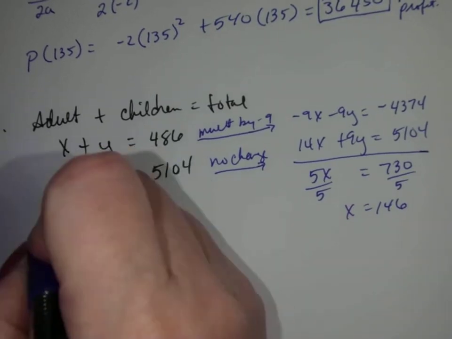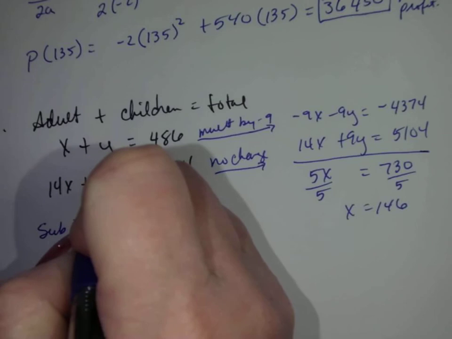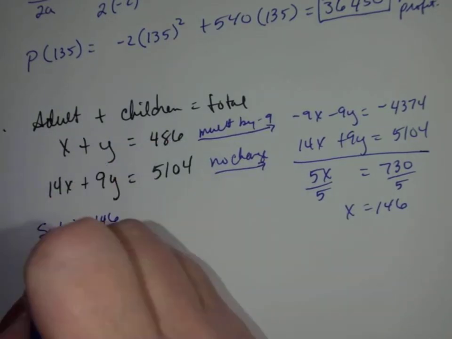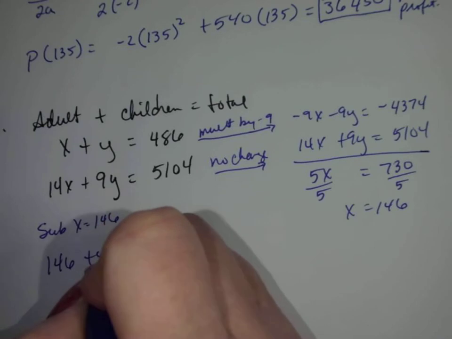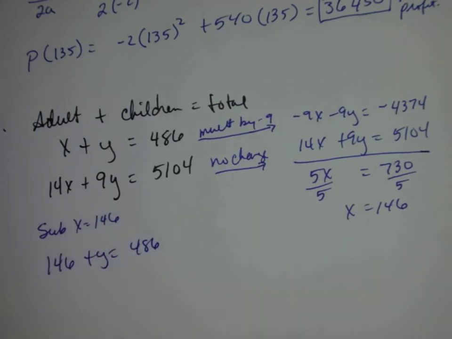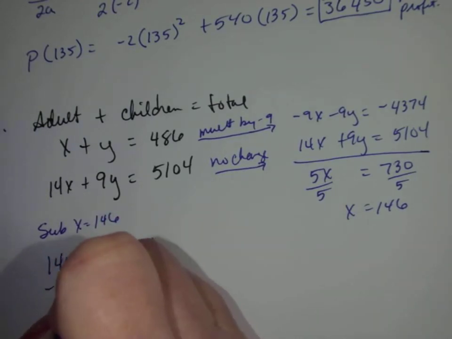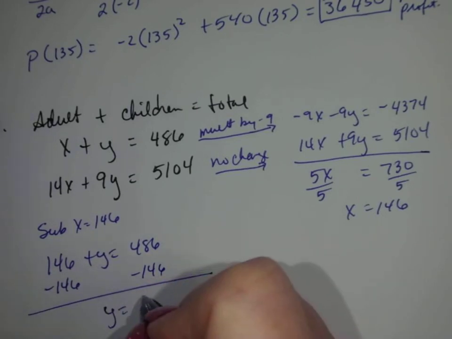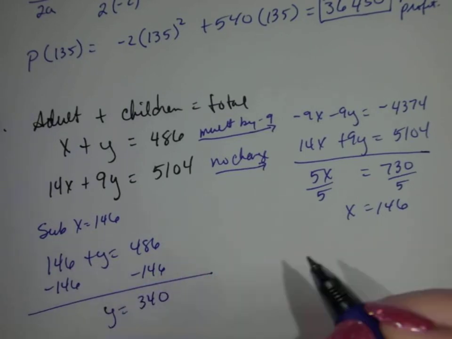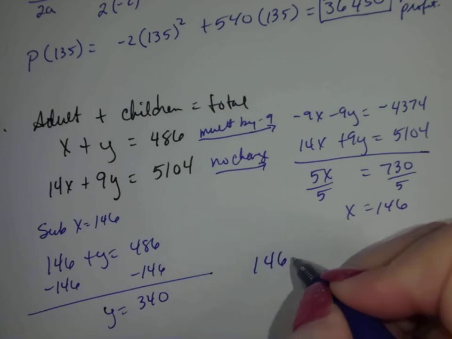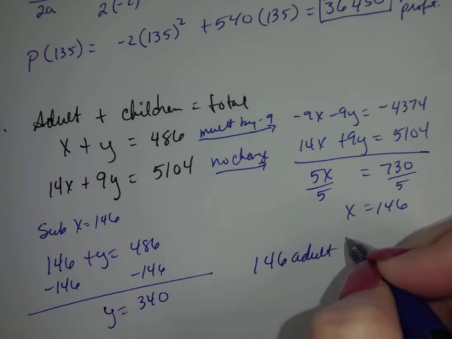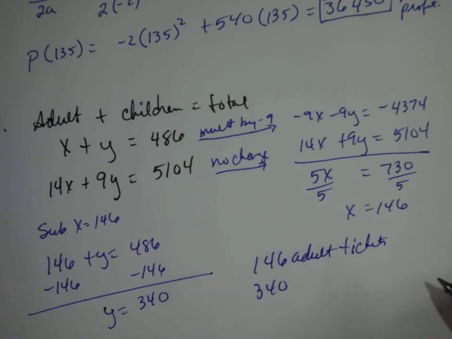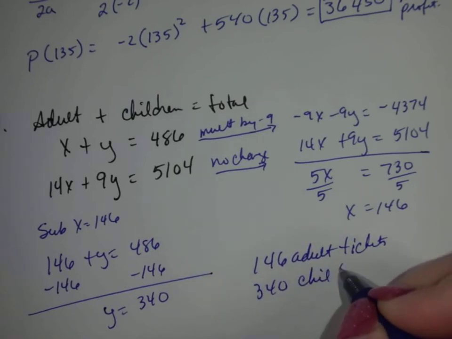And now what we'll do is sub x equals 146 into our x plus y. 146 plus y equals 486. Subtract it over, and y equals 340. So we have 146 adult tickets, and we have 340 children tickets.